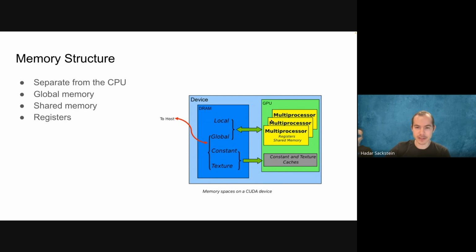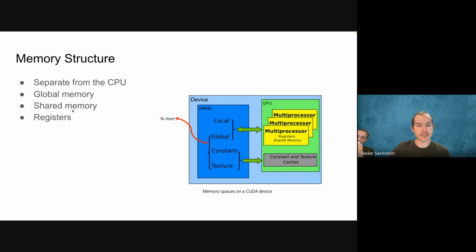So we have different types of memory. If this is the GPU, then we have the global memory. First of all, the memory of the GPU is separate from the CPU. It's on its own device, and it has a global memory that can be accessed by all the threads and all the multiprocessors.